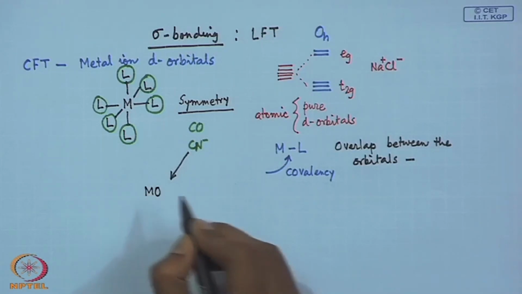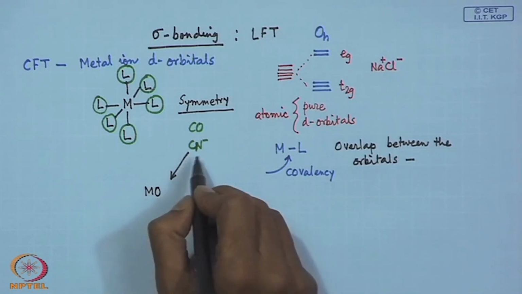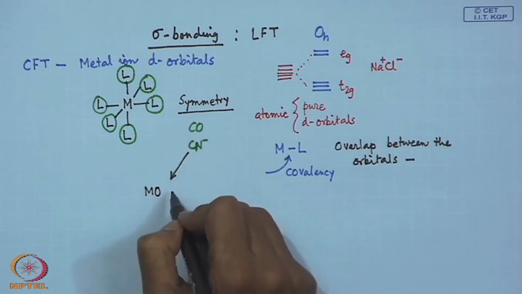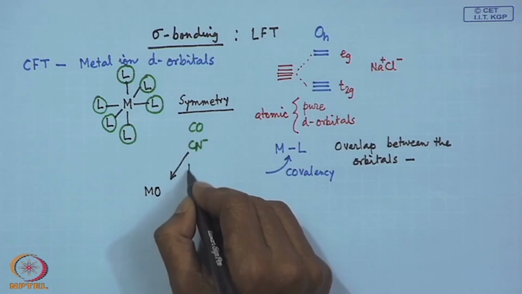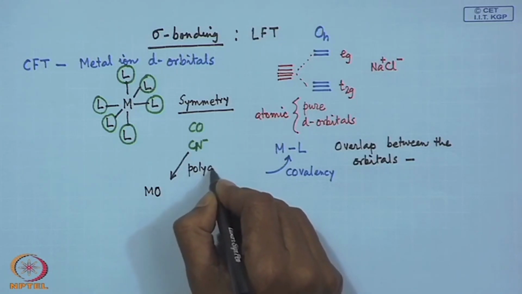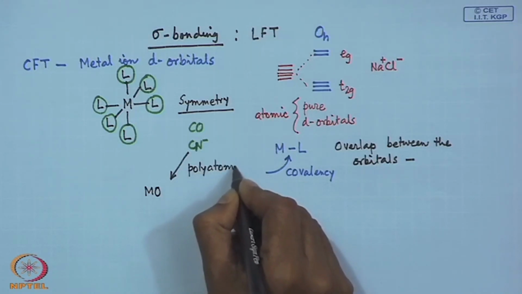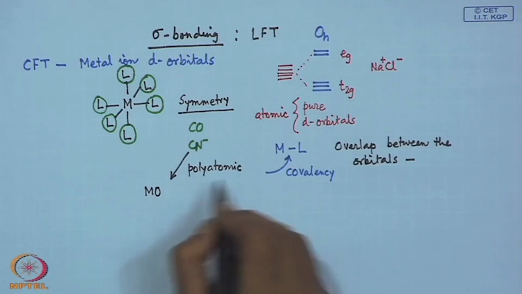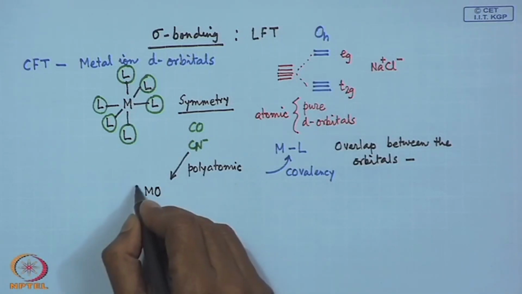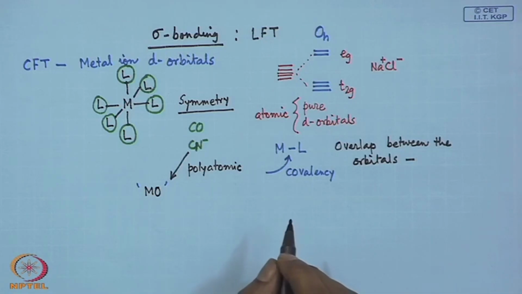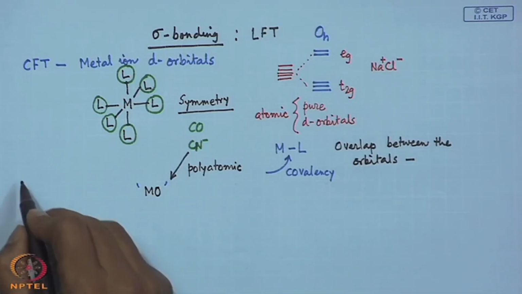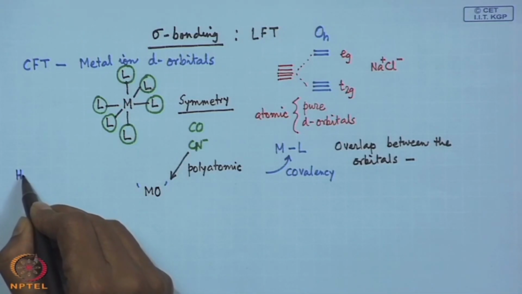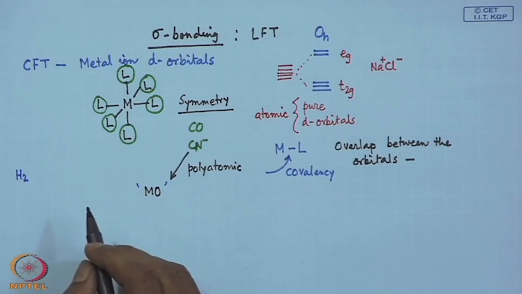If we are talking about a ligand which is polyatomic in nature, then individual atomic orbitals are losing their character, and for a polyatomic system we should also have a molecular orbital arrangement, which we all know from the simple arrangement of the hydrogen molecule.